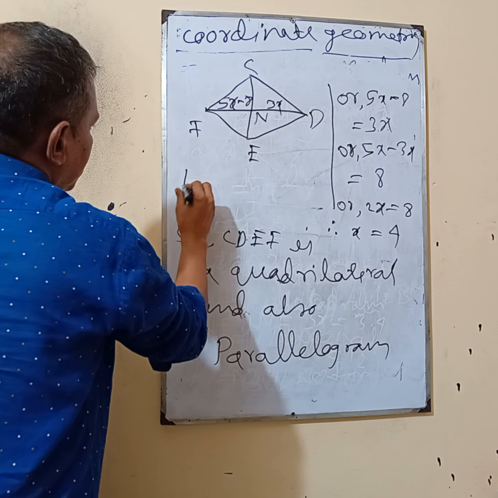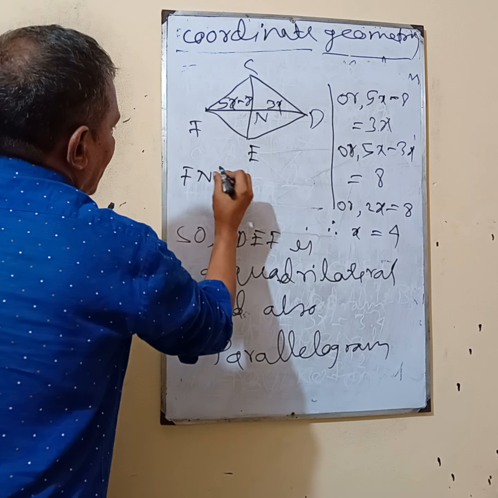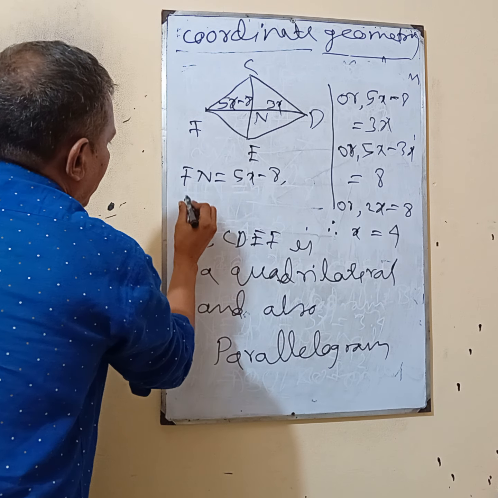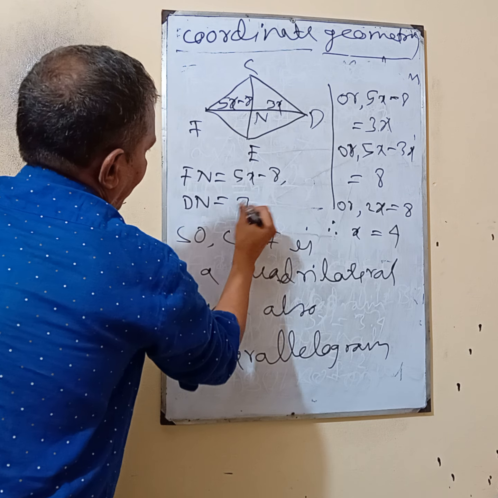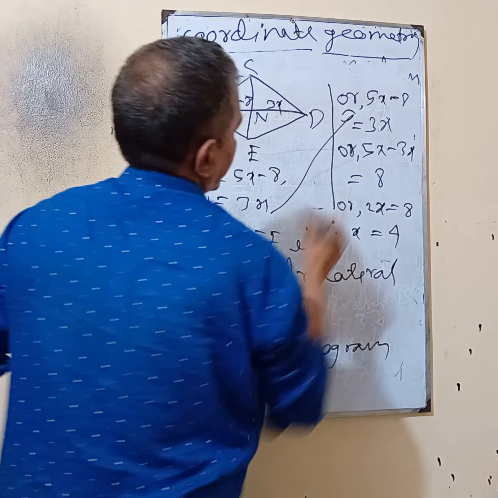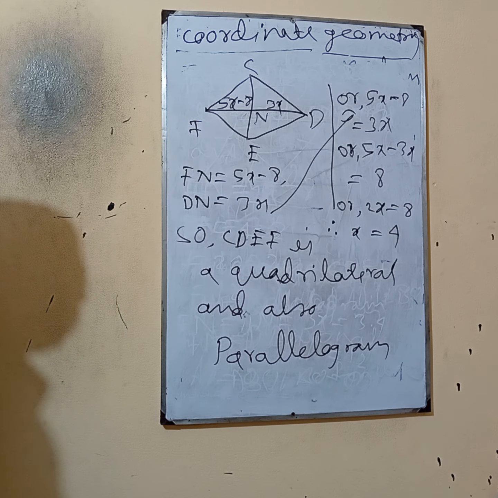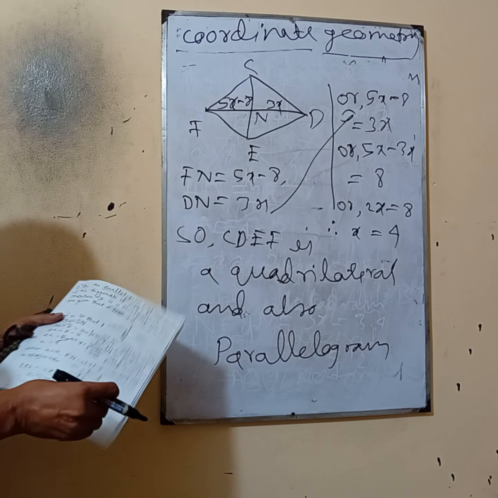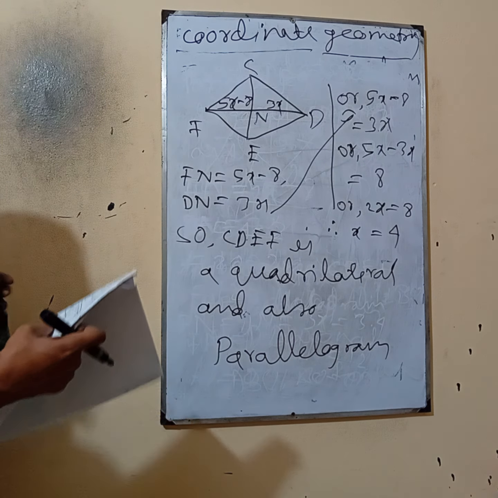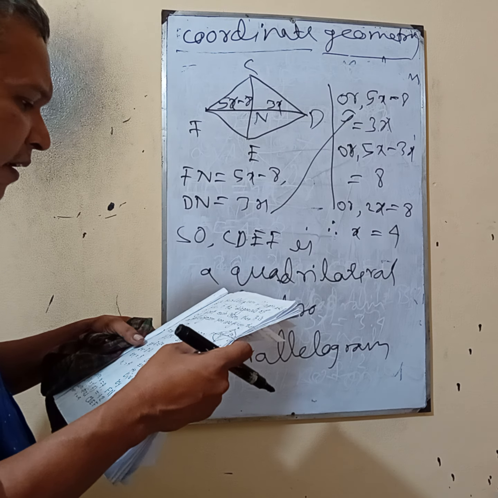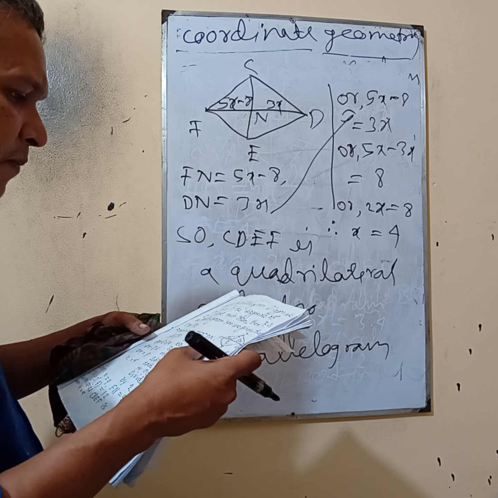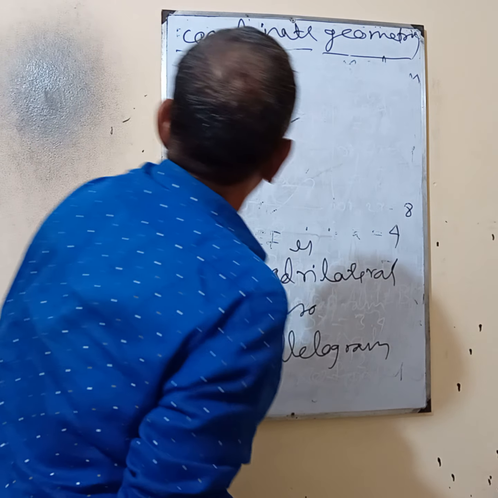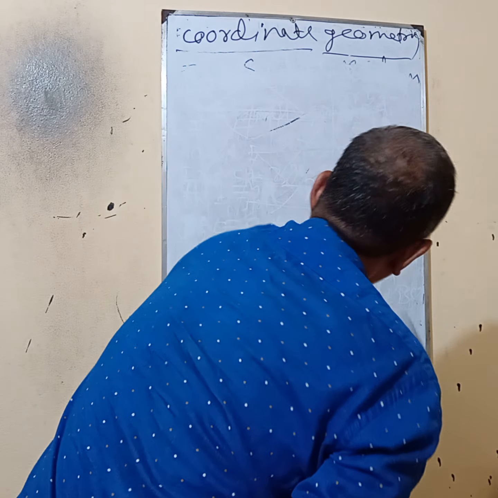FN is 5x minus 8 and DN is equal to 3x, and this calculation is for the parallelogram. Now I am discussing another solution of the parallelogram. So I have to draw a picture. It is the next solution.